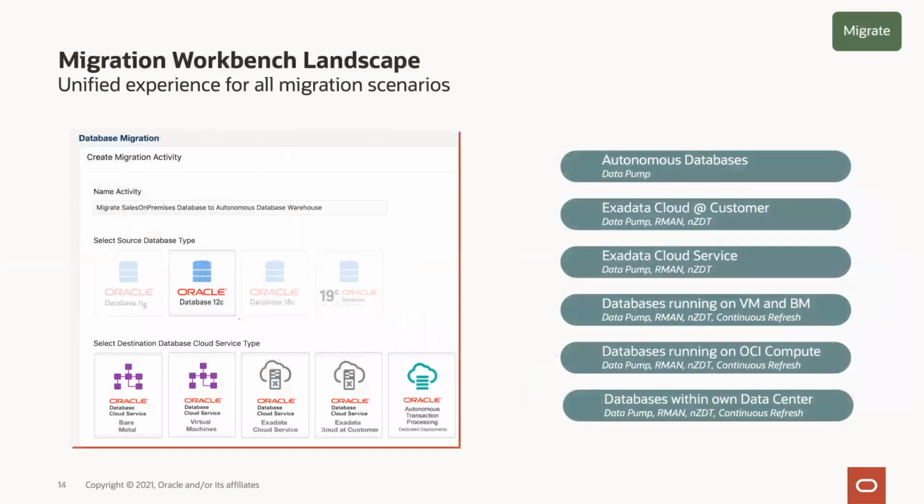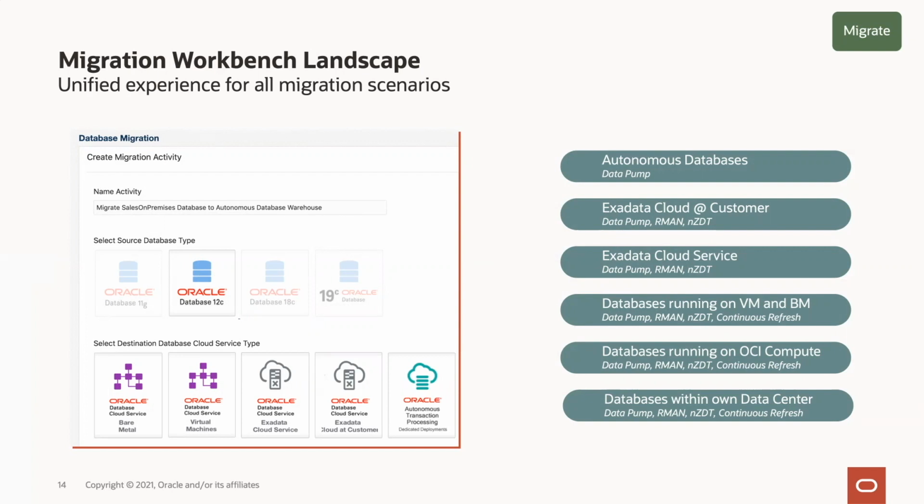Now let's look at step 2, which is the migrate phase. Workbench supports a variety of destinations and migration methods. For example, let's say you want to migrate a 12c database to Autonomous by leveraging Data Pump migration.